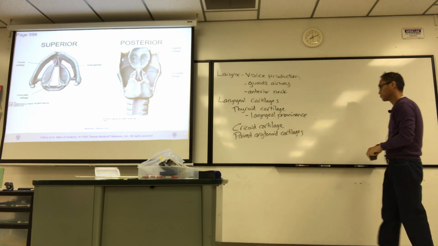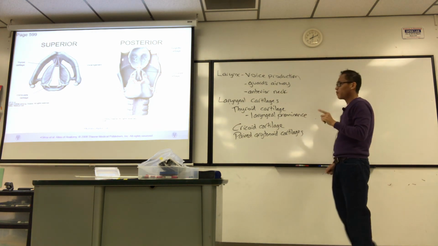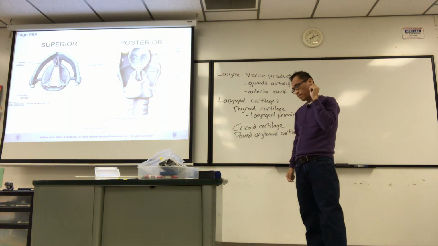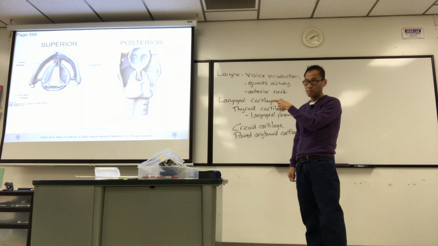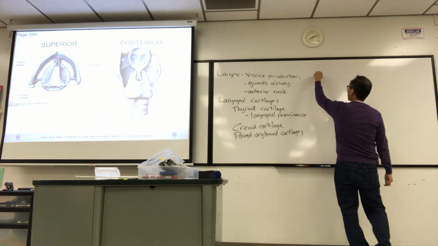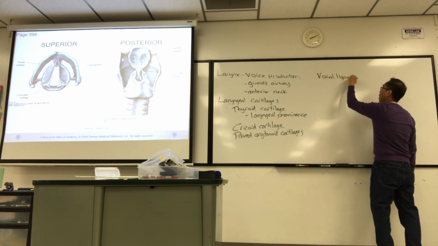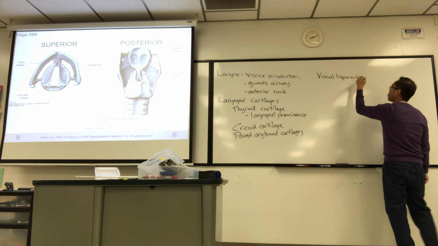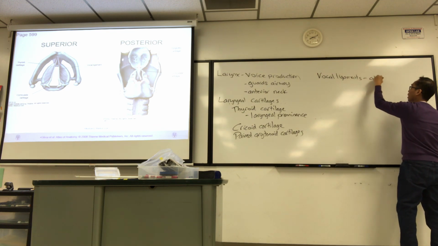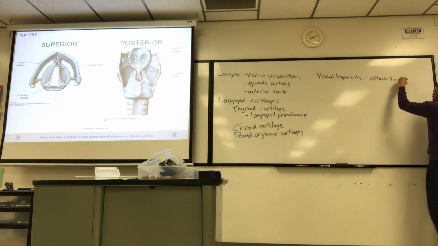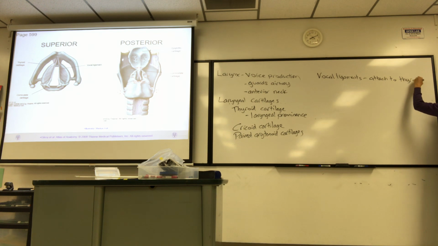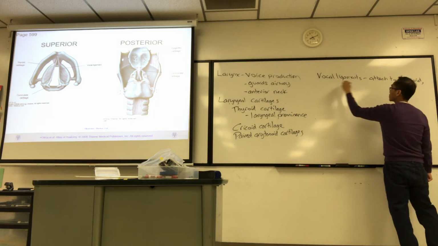So vocal ligaments run from thyroid to arytenoid cartilages, as you can see from that picture. Attached to thyroid, arytenoid cartilages.